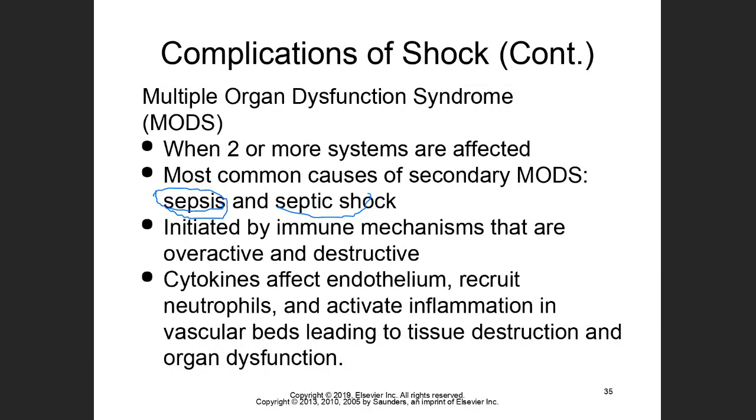In septic shock, you have disseminated infection, and the patient is hypotensive, initiated by immune mechanisms that are overactive and destructive. Cytokines affect endothelium, recruit neutrophils, and activate inflammatory mediators in vascular beds, leading to tissue destruction and organ dysfunction.